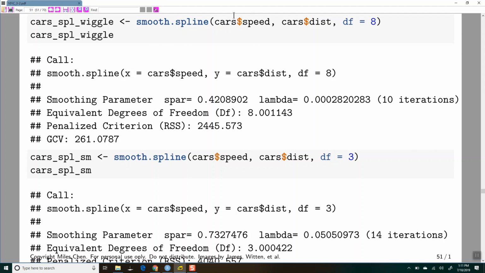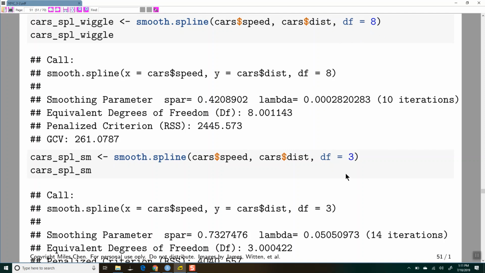And we say, all right, this is my x, and this is my y. In R you don't define the size of the lambda. You use a degrees of freedom fit, okay? But basically, more degrees of freedom corresponds to smaller lambda, more wiggle, okay?